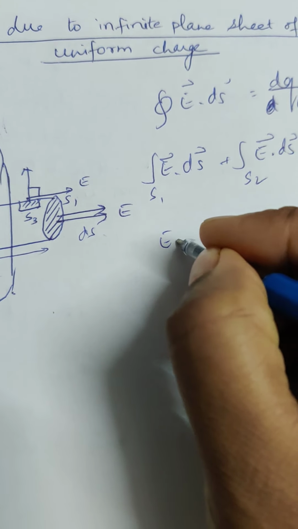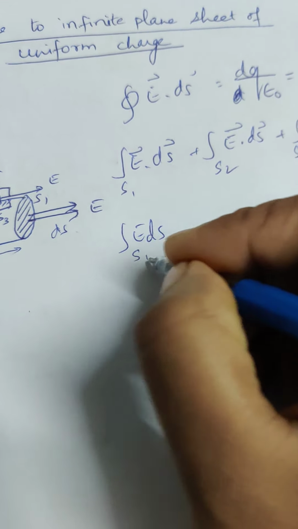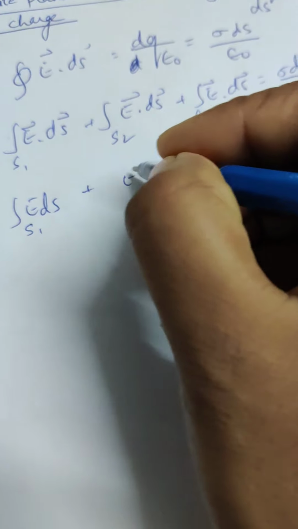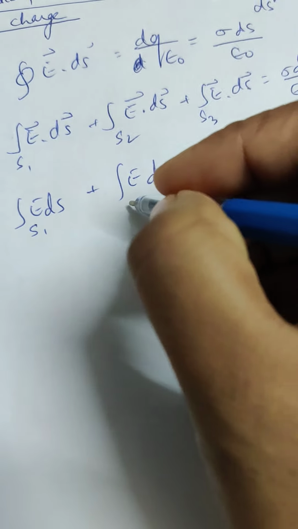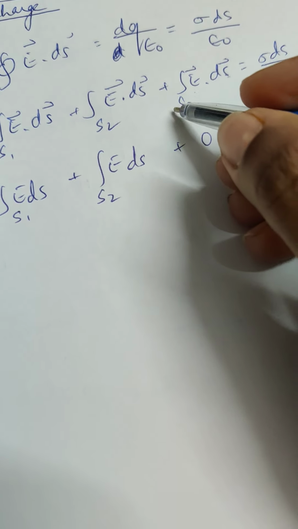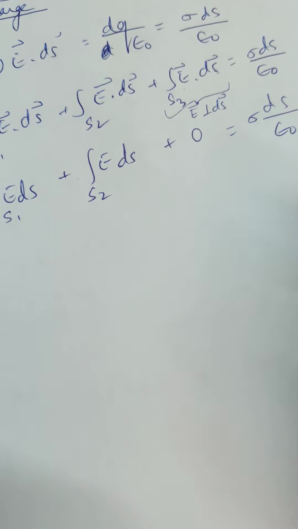So E ds cos 0, which is 1, for S1, plus for S2 again they are in the same direction, so E ds for S2, plus the curved surface. You know these two are perpendicular, so there will be 0. Here you have to mention that E is perpendicular to ds. So this will become 0.